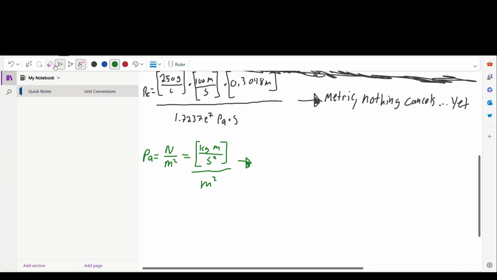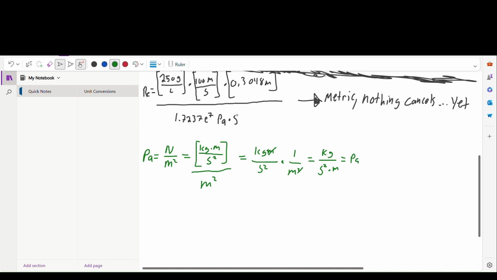I just want to draw an equal sign. Bam. And let's do equals kilogram times meter per second squared multiplied by 1 over meter squared. That's the same thing as what that is. One of these meters goes away. This meter stays there. Ergo, 1 pascal is equal to a kilogram per second squared times meter.